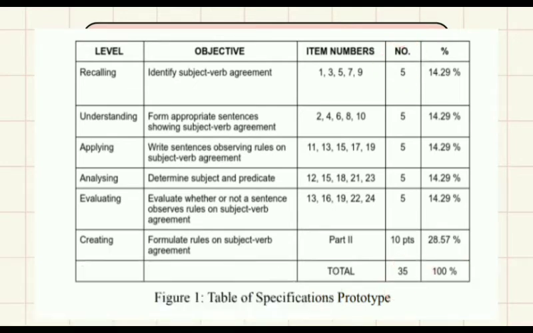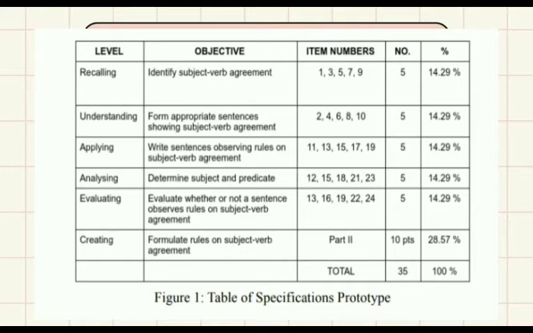And in understanding, the test can be seen in 2, 4, 6, 8, 10, and it also has a total of 5 test items. We have to divide it by 35 again and multiply it by 100, and we have the product of 14.29%. Same with applying, analyzing, and evaluating.